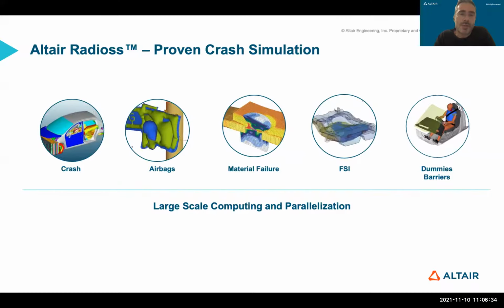For crash, it has many physics inside. Because crash simulations are quite complex, you want to model, for example, the deployment of the different airbags, and those airbags involve different physics. So we have very precise formulations to handle that.